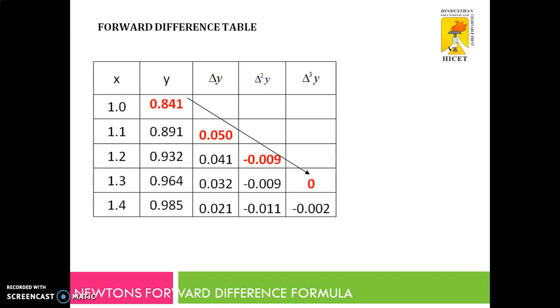To find the first difference, subtract 0.841 and 0.891, which is 0.050. Then 0.932 and 0.891, which is 0.041, and so on. To form the second difference, subtract these two values, then 0.032 minus 0.041 and so on. So the forward difference table is formed.